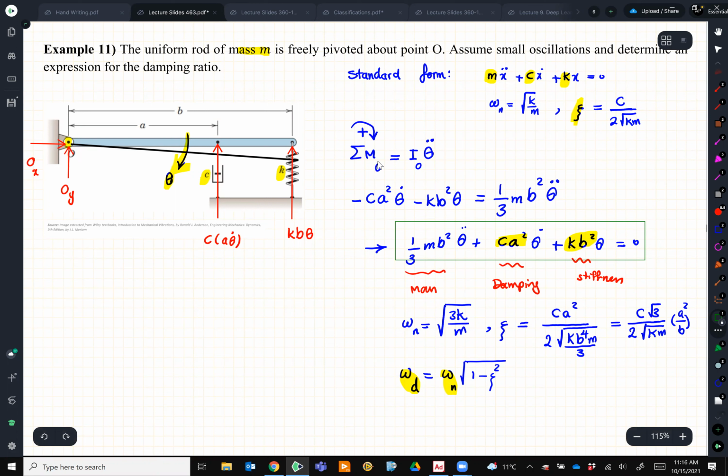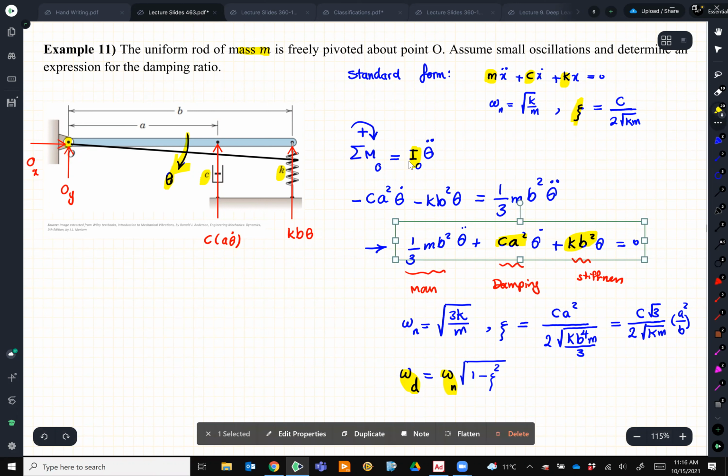So when I write down the sum of M about point O, and I write down I_O here, it doesn't mean that there is no I about the other two axes. This I_O is in fact about the axis Z, which comes out of your screen or your paper.